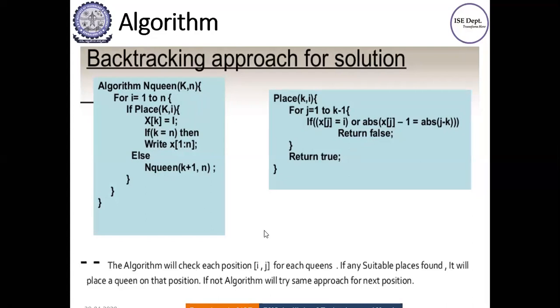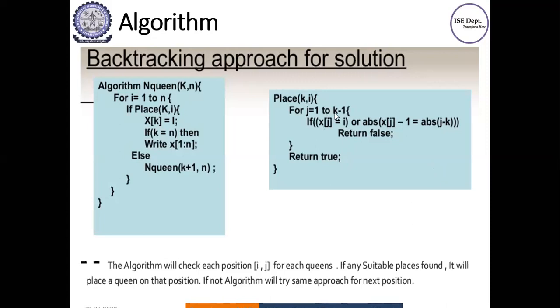So what is this place of k comma i? It returns true if a queen can be placed in the kth row and ith column.